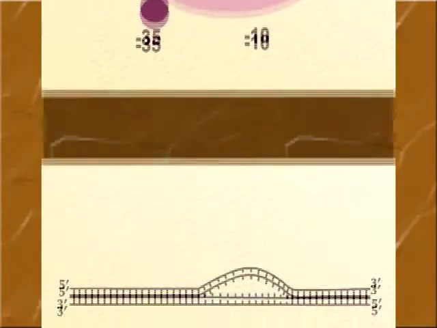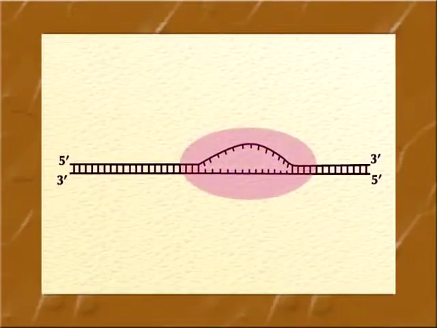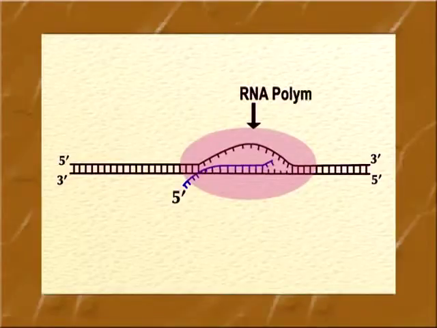Number 3, after unwinding, only one of the two strands is copied, which is achieved by incorporation of nucleotides initially without movement of the enzyme, leading to the formation of an RNA chain up to 9 bases in length.